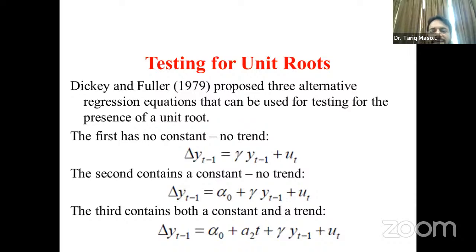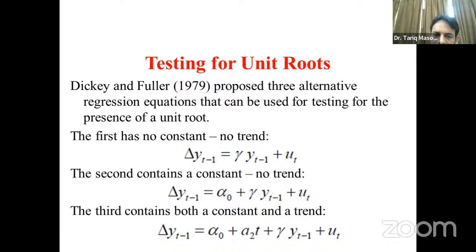Now you can use a slightly modified model. Dickey and Fuller suggested that if there is higher order correlation, we can also add some higher order terms in the regression. Two things can be added. One is a constant and trend in the model, as there may be presence of a constant or a trend. The simple model is delta yt is equal to gamma times yt minus 1 plus ut.